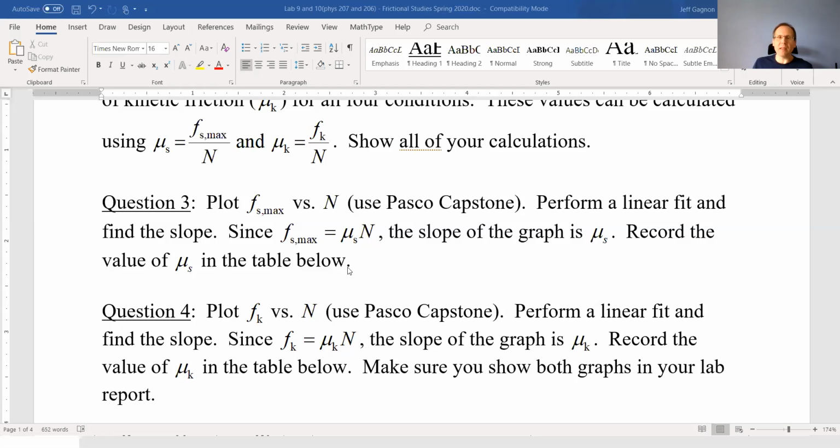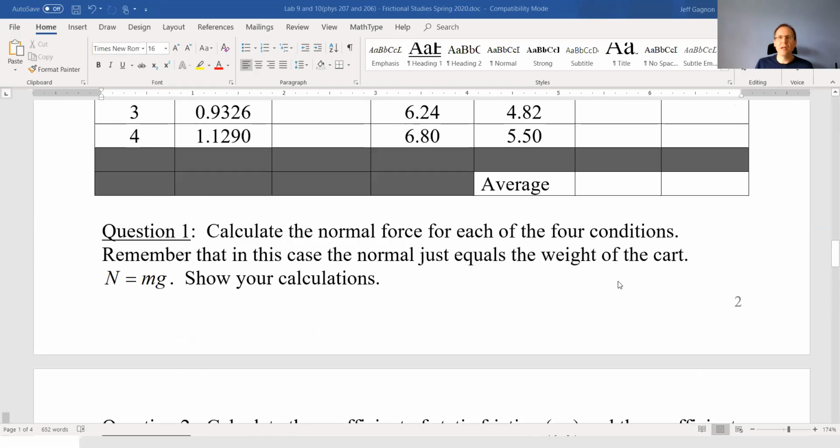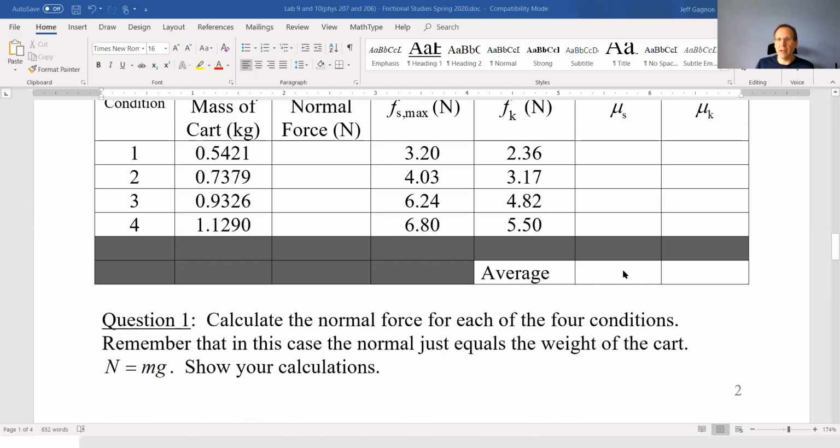So you can equate the slope with the coefficient of static friction. So the slope, when you do your linear fit, remember it gives you that slope information. The slope is just going to be your mu s. So you want to record that value in the table right here. That'll be mu s. And hopefully it's pretty close to what you got from your average up here. It's just a different way of getting mu s. We're going to get it from the graph instead.